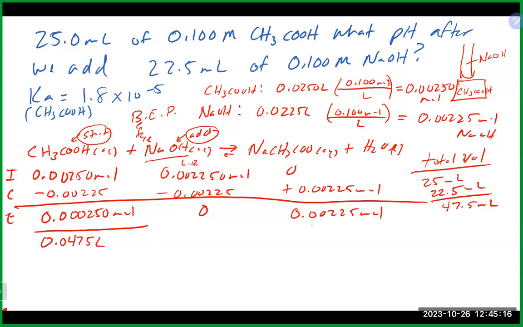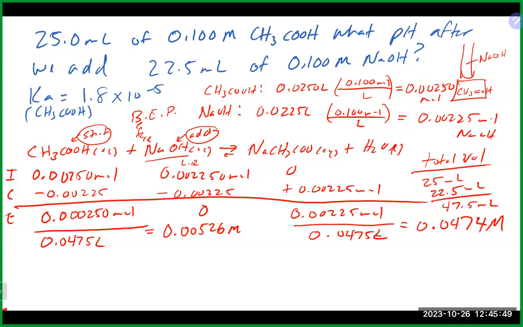So 0.00025 divided by 0.0475 gives 0.00526, and 0.00225 divided by 0.0475 gives about 0.047. I'll call it 0.047. Why not?